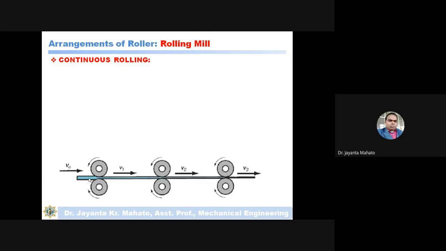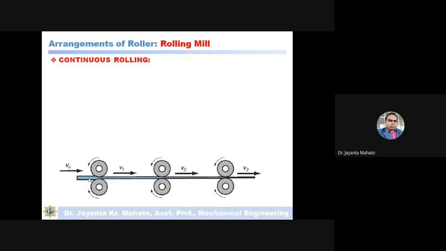Actually, in one rolling arrangement, you cannot reduce the thickness by a large amount. So in this case, you have to pass it through several stages. So this is called the continuous rolling.